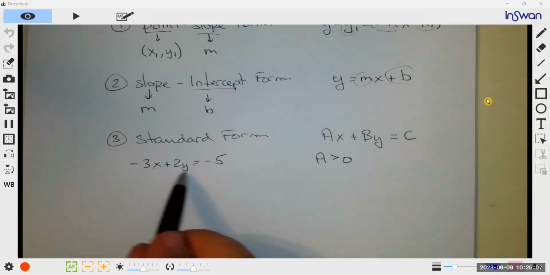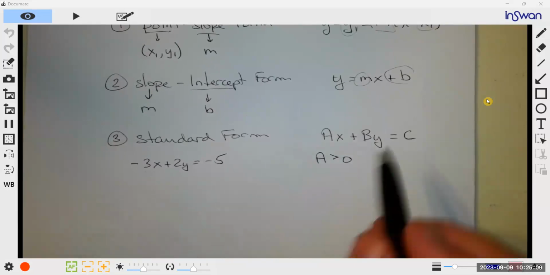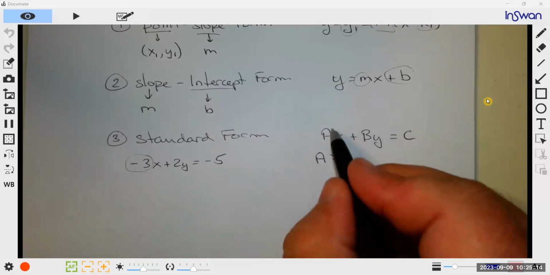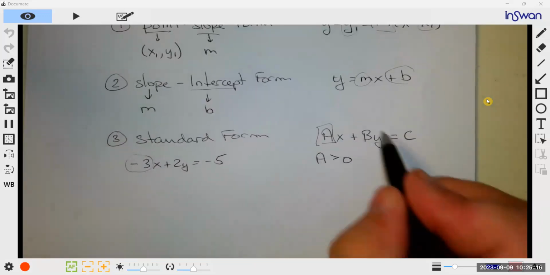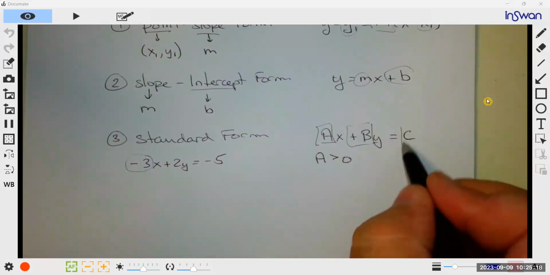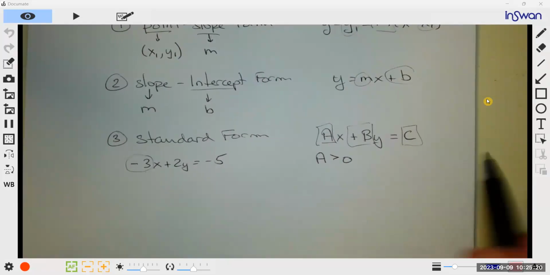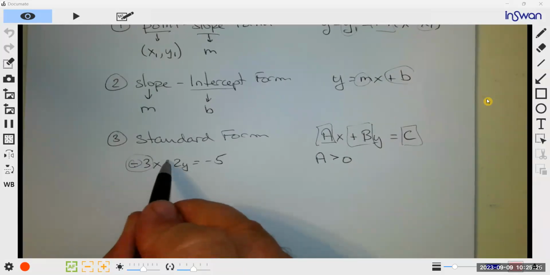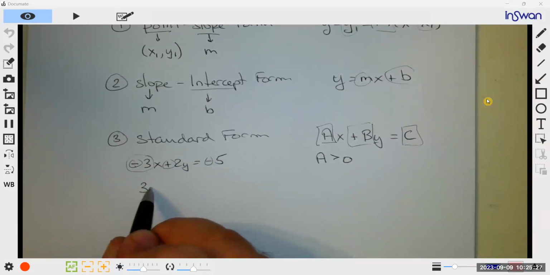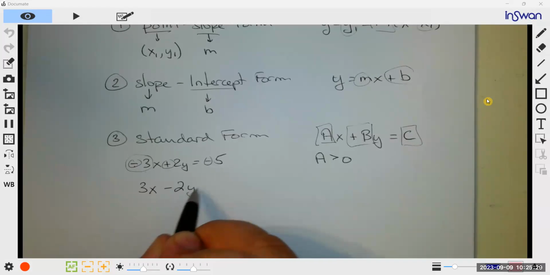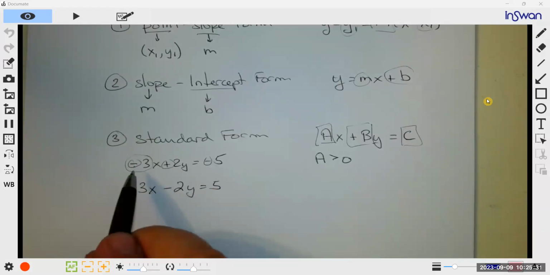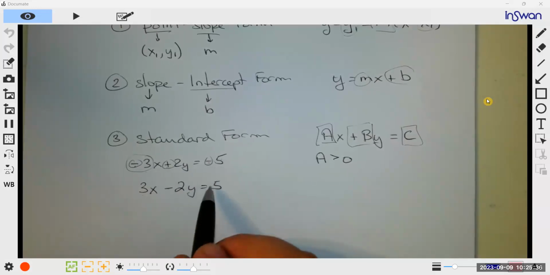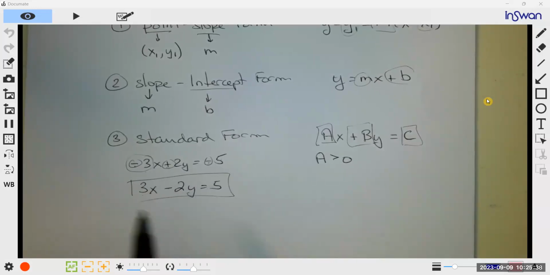You have x and y on one side and a number on the other side. It looks like it, but A is not positive. A is whatever's in front of the x, and B is whatever's in front of the y, and C is a constant number. Since that's not positive, we have to change everybody's sign. So -3 becomes +3, +2 becomes -2, -5 becomes +5. This is in standard form.